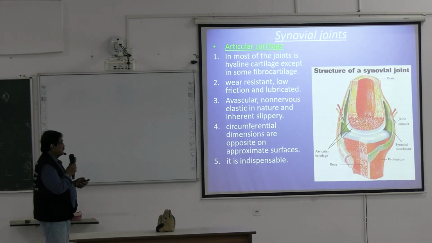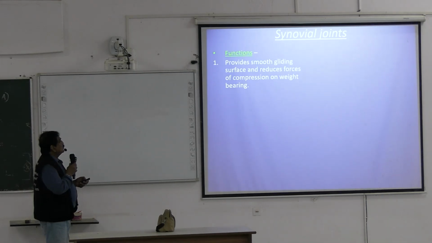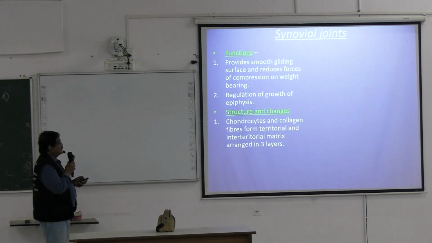It is indispensable. Young and old cartilage. Functions: provides smooth gliding surface and reduces forces of compression on weight bearing. Regulation of growth of epiphysis. Structure and changes: chondrocytes and collagen fibers form territorial and interterritorial matrix arranged in 3 layers.